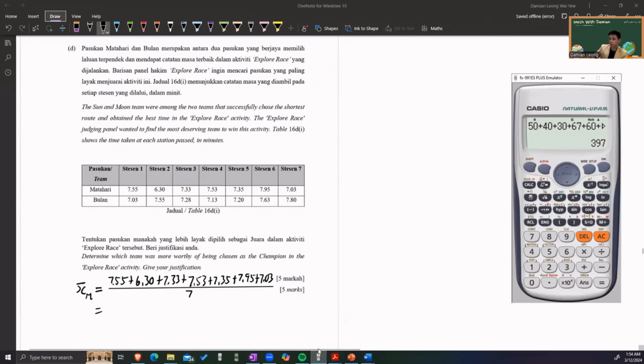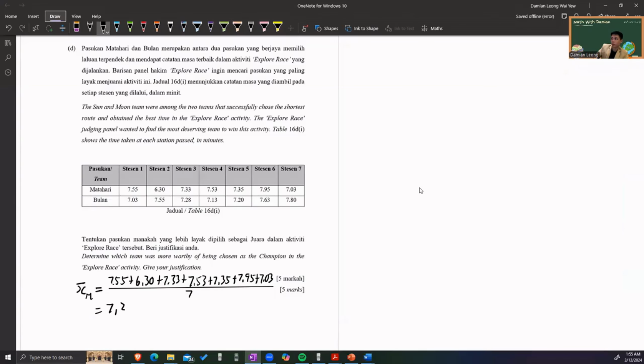So just calculate 7.55 plus 6.3 plus 7.33 plus 7.53 plus 7.35 plus 7.95 plus 7.03, then divide by 7. 7.291.